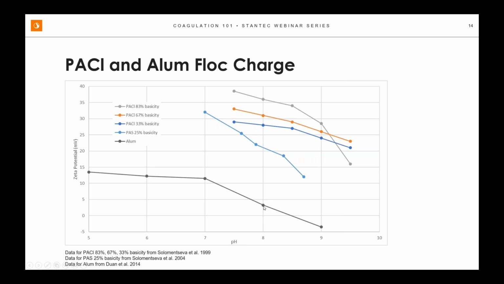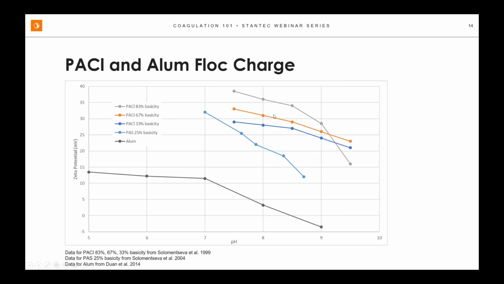So at pH 8, where a lot of people with high alkalinity waters end up, the charge on these particles is not that great. But if you take a look at any of these polyaluminum chlorides, and we have a 25% basicity PAS, polyaluminum sulfate, 33% polyaluminum chloride, then a 67 and an 83%. So the higher the basicity, the stronger the charge. And in this, these experiments are only done between 7 and 9 that I've got up here.